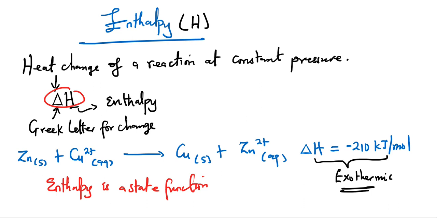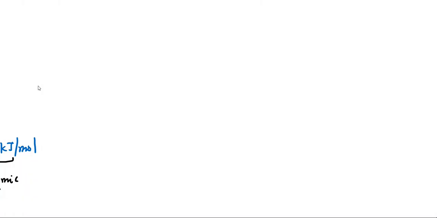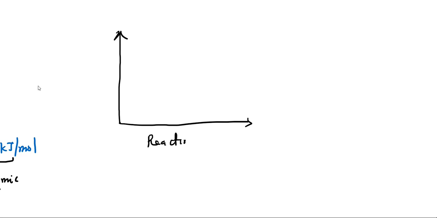We can represent this on a reaction profile diagram just to remind ourselves of how to do that. So if we have a straight line, this is the reaction coordinate, and this is H, the enthalpy.